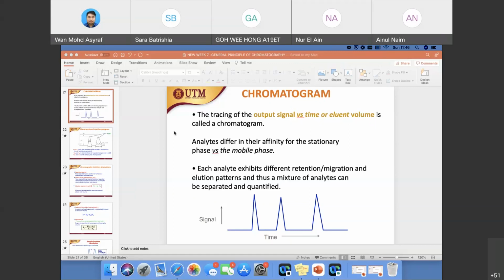For a chromatogram, it is the output signal on the y-axis and the elution time. So analytes differ in their affinity for the stationary phase versus the mobile phase.